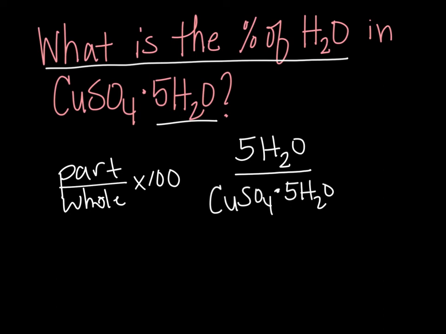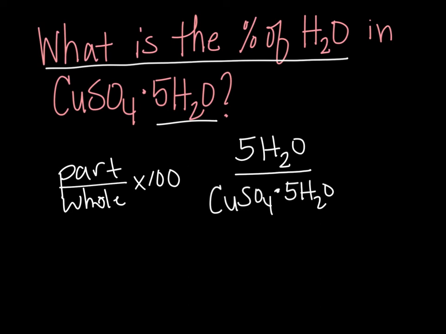All right, so go ahead and get out your periodic table and find the masses for these. There's a few different ways you can do this. You can add up H2O and then multiply it by 5, or you can multiply the coefficient through. 5 times 2, so that'd be 10 H's, and then 5 O's. It doesn't matter which way you add it up. Both ways will give you the same answer, okay?